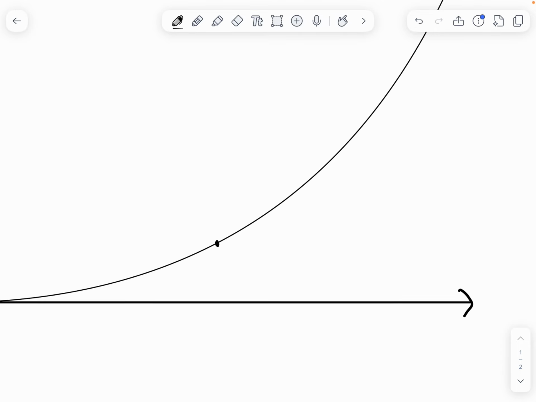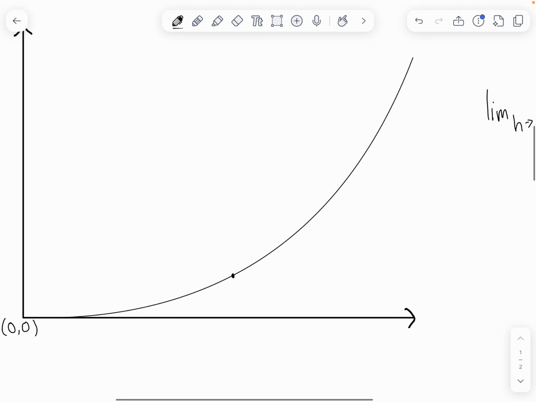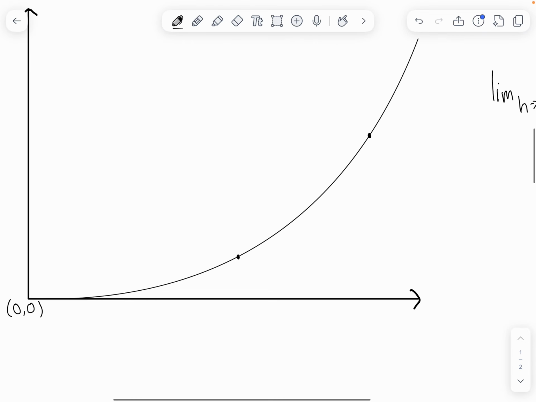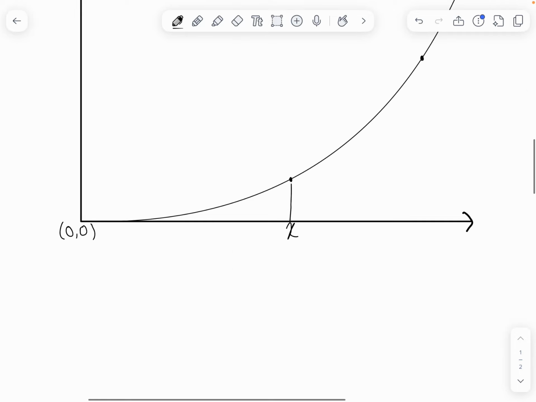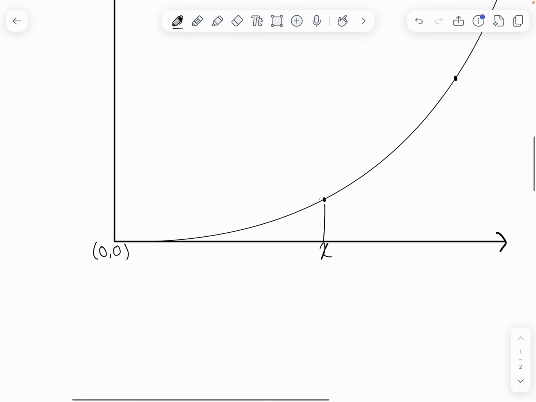Well, for that, let's plot down 2 points. So this is 1 point and this is 1 point. Okay. And now that point is represented by when we plug in x, it has to have an output. So that output is represented by f of x.